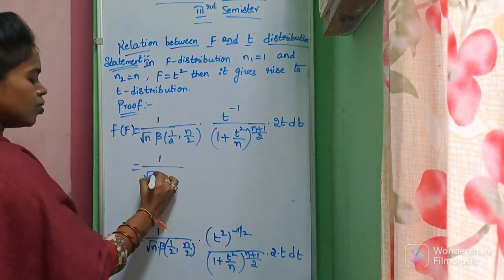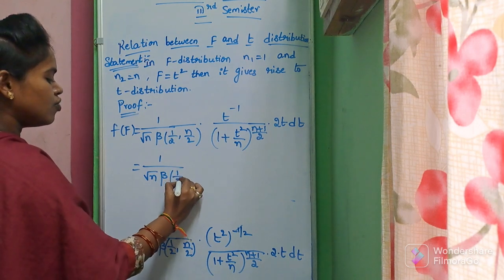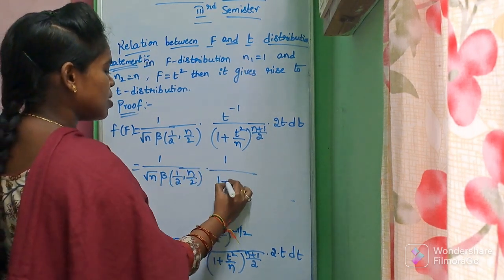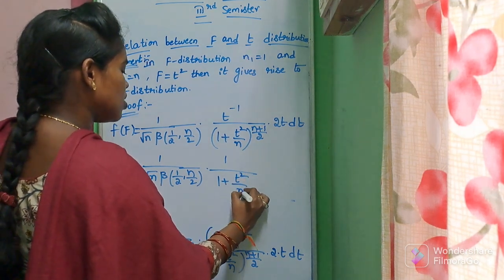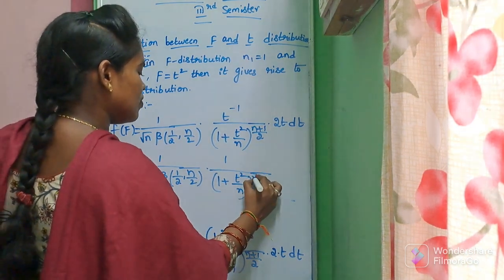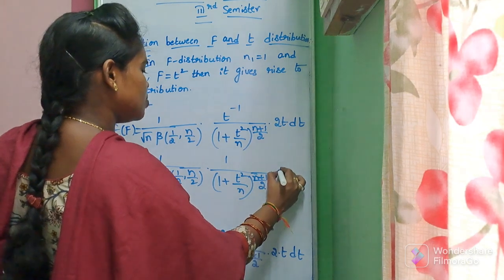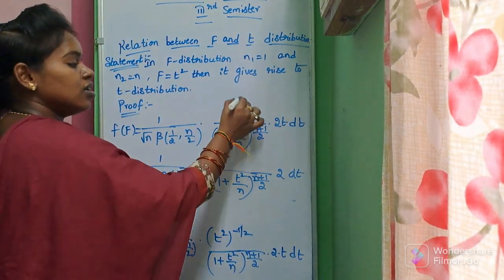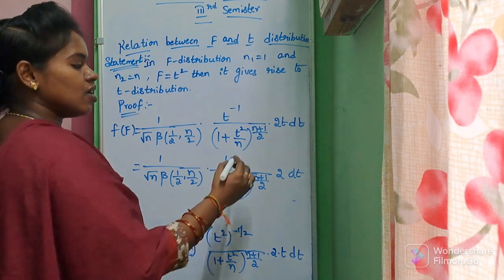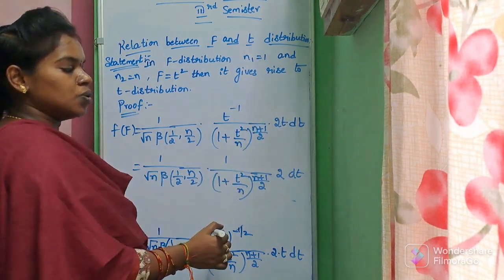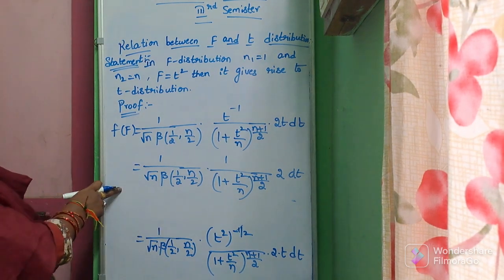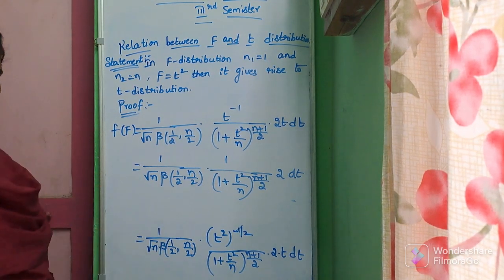Then 1 by root n beta of 1 by 2 comma n by 2 into 1 by (1 plus t square by n) whole power (n plus 1) by 2 dt. Here we can write this t power minus 1 as 1 by t. 1 by t into t, both will get cancelled. This is our final t distribution formula.